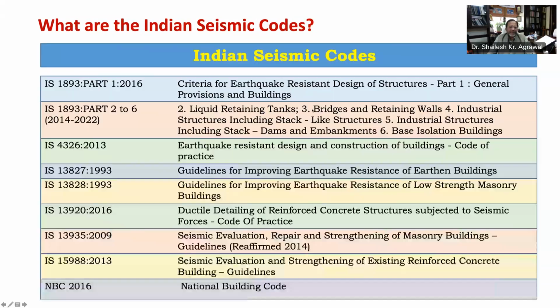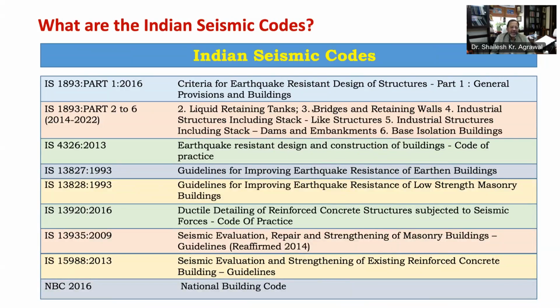Now let's look at the Indian seismic codes. First of all, seismic codes are unique to a particular region or country. These codes take into account the local seismology, accepted level of seismic risk, building typologies, and materials and methods used in construction.